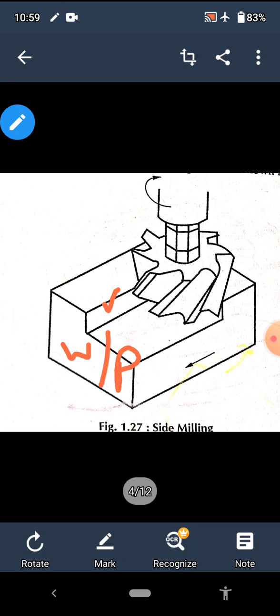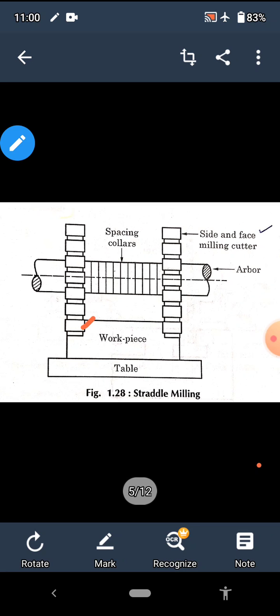By using a side milling cutter, this one is the side milling cutter, we are producing this vertical flat surface, and this is the direction of the feed of the workpiece and the milling cutter is rotating clockwise.